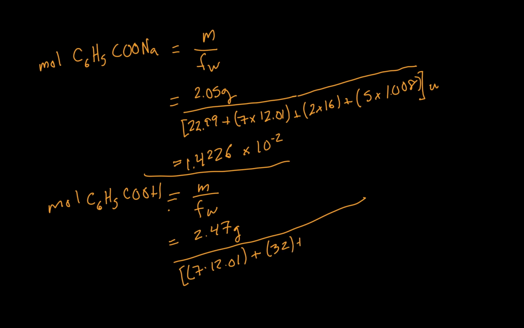Right, 16 times 2 plus, and now we just have 1 extra hydrogen, 6 times 1.008. So the square bracket, and again, that's all U. And this one gives us 2.0226 times 10 to the negative 2. Okay, so a couple more of this than of this here.